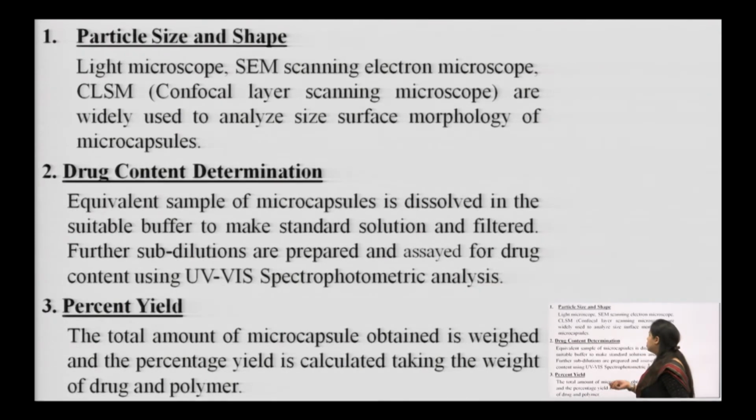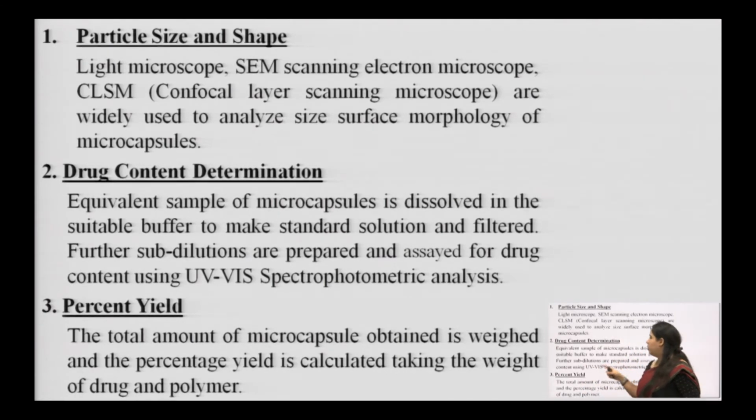It is dissolved in the suitable buffer to make a standard solution and then filtered, because it contains not only the drug, it also contains the polymer coating. So, we do not want the polymer in the sample for drug content determination; we only want the drug present in the microsphere, or how much quantity of drug is encapsulated in the microsphere.